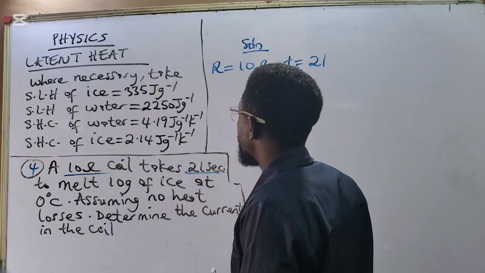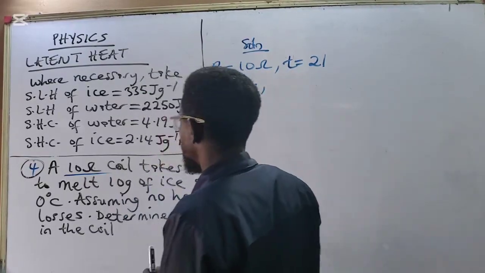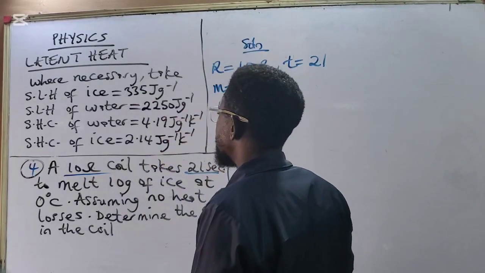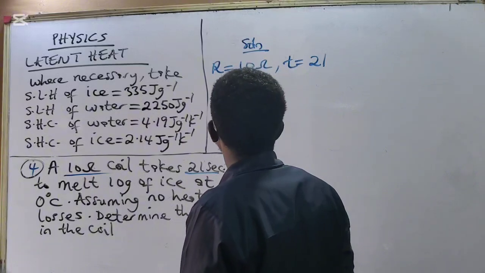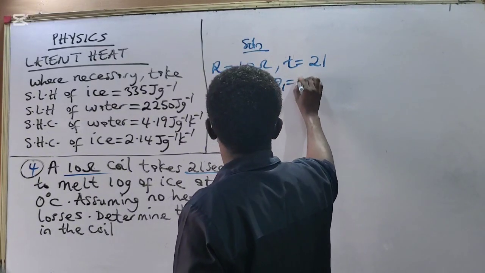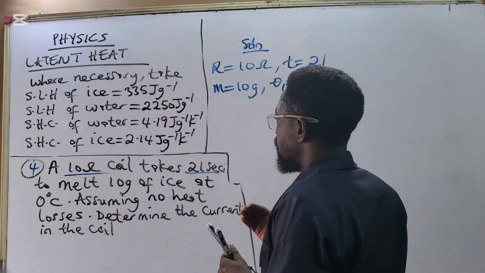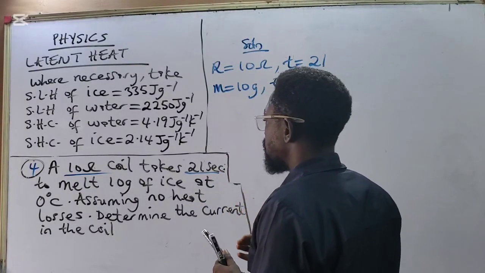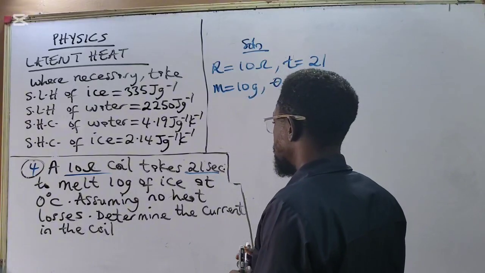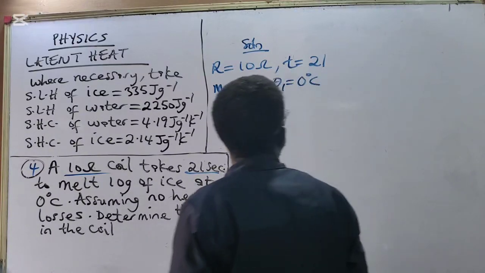To melt 10 grams of ice mass. 10 grams of ice at 0 degrees, that was the initial temperature of the ice, 0 degrees C. Assuming no heat loss to the surroundings, determine the current in the coil to melt 10 grams of ice.